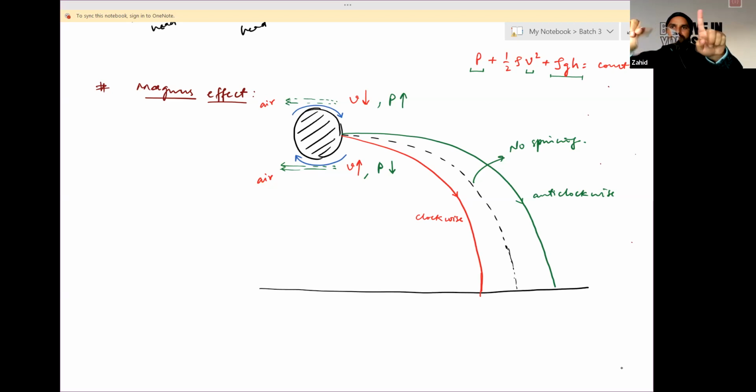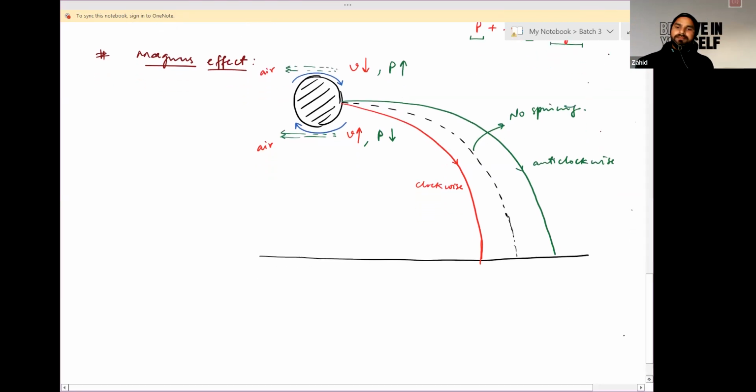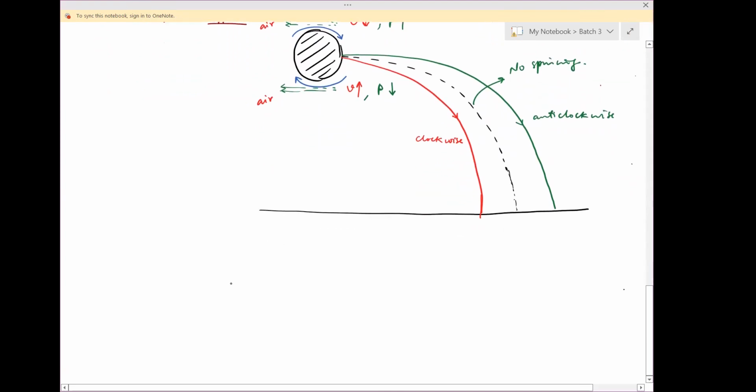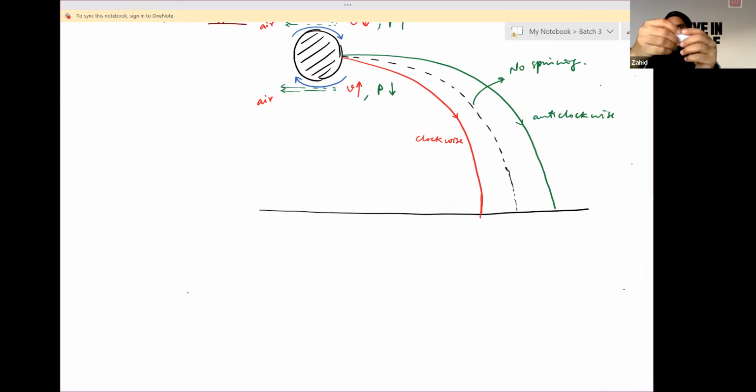Whether it will move upward or downward. Sir, upward. Just perform this experiment. Take a piece of paper and unfold it in the downward direction like this and blow air over it.